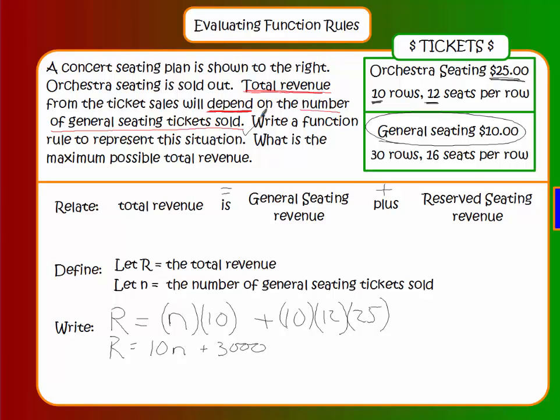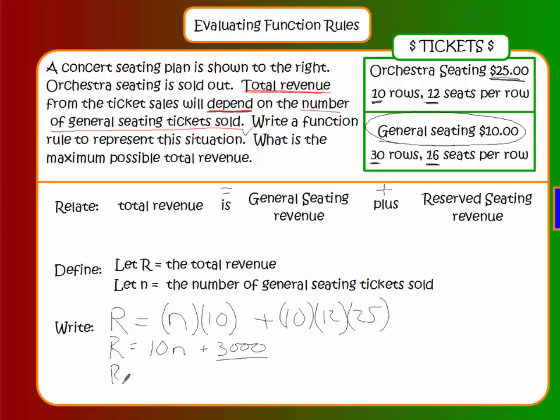What is the maximum possible total revenue? Well, the total revenue would be if every single seat in this whole place was sold out. Okay, so I already know these are all of the orchestra seats or the reserve seating. That's all the money I can make off of those. So what is the total I can make off of the general seating? Well, I have 30 rows and 16 seats in every row. So the number N, the number of tickets that I can sell is going to be 30 times 16 and then times that $10.